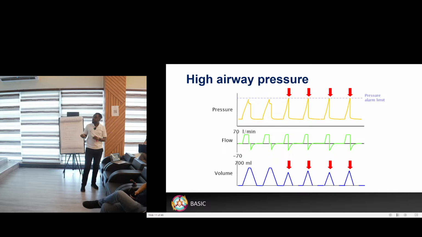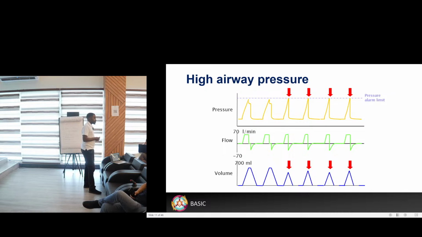And now your ventilator is using more than 40 centimeters of water pressure, so the vent pressure alarm goes off. But what will this cause? A decrease in tidal volume. So eventually the patient will be inadequately ventilated.